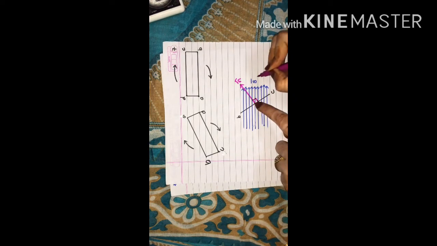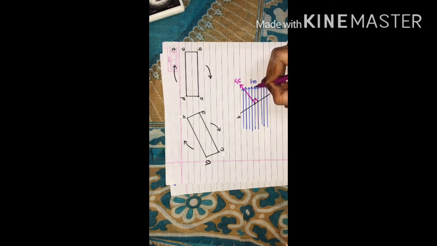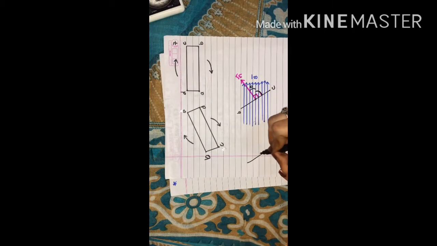This normal and my side BC make 90 degrees. So what will be the angle made by the magnetic field and my side? If I say this angle is theta, the whole is 90, so the magnetic field and my side will make 90 minus theta.